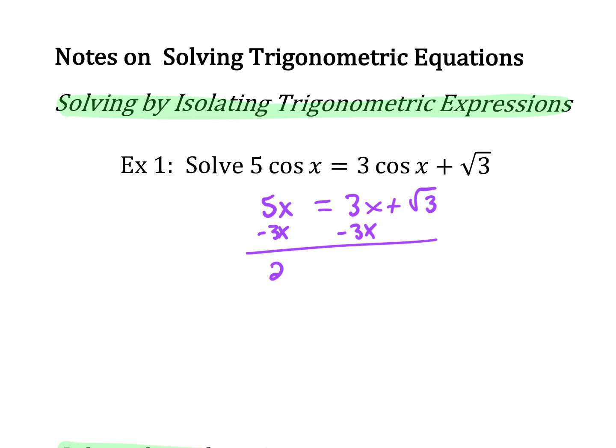So then we have 2x is equal to the square root of 3, and then we're going to divide by 2, so we get x is equal to the square root of 3 over 2, only it's really not just x, right? We had this cosine here that we took out just to simplify things. So what we're really looking for now is, where is the cosine of x equal to the square root of 3 over 2?